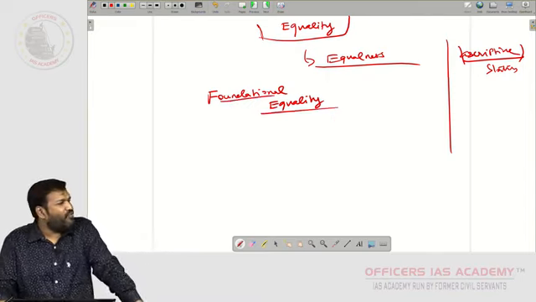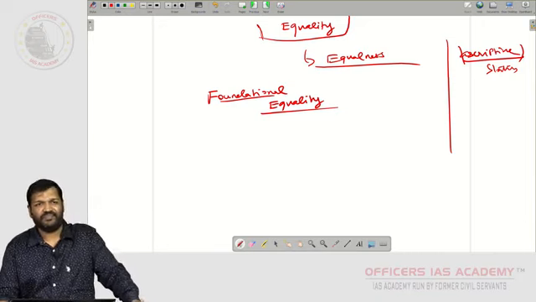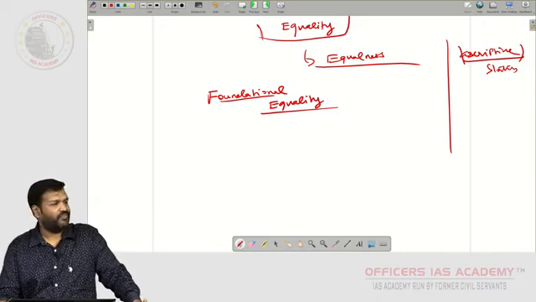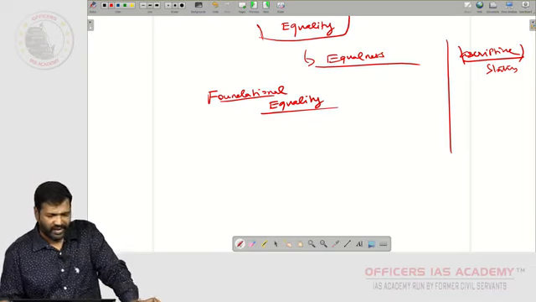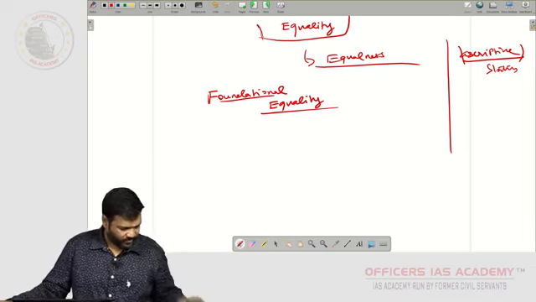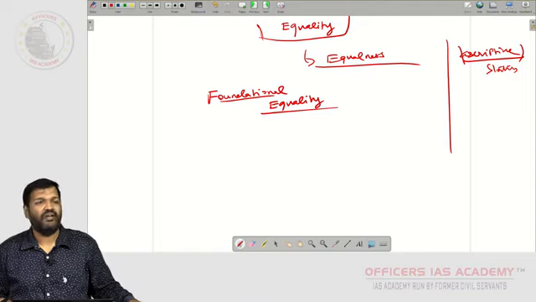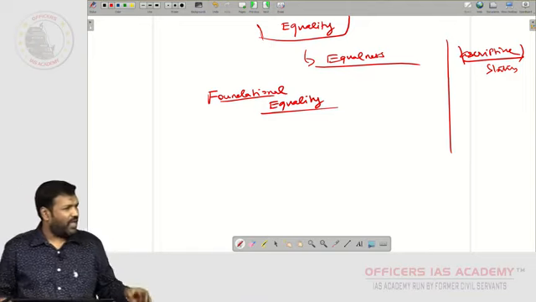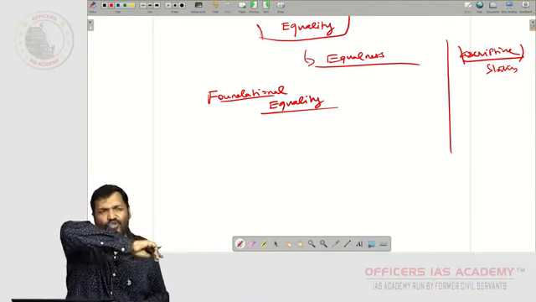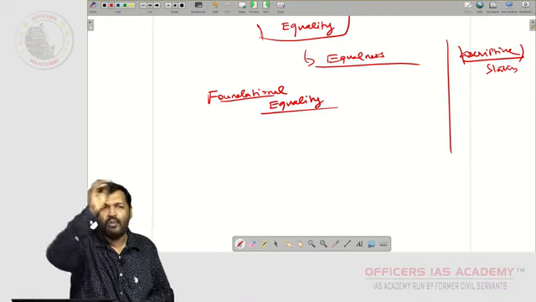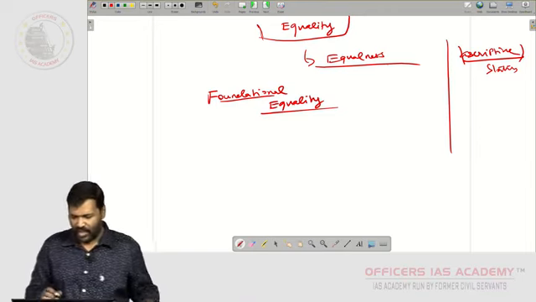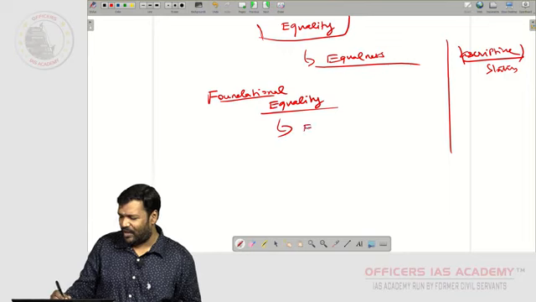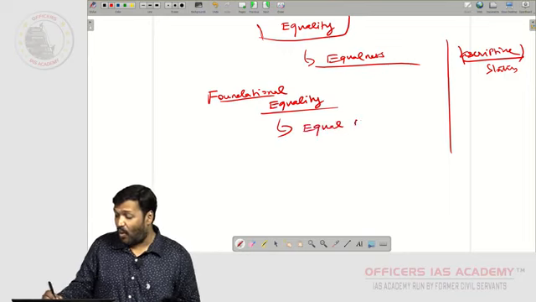What is this foundational equality? It says every individual has an equal moral worth.